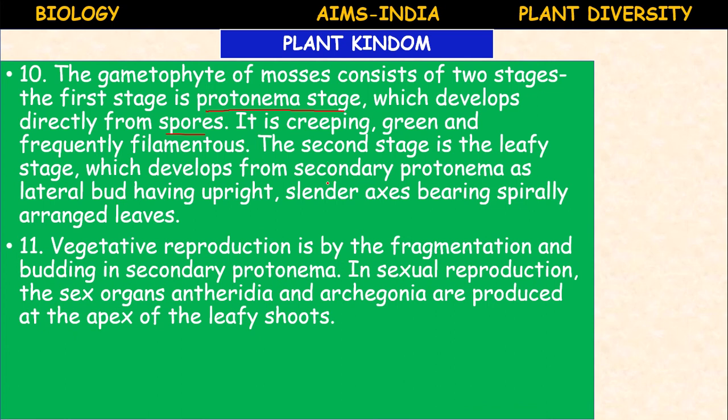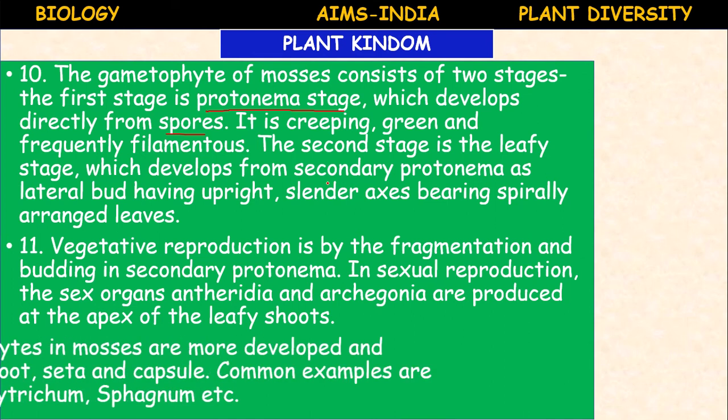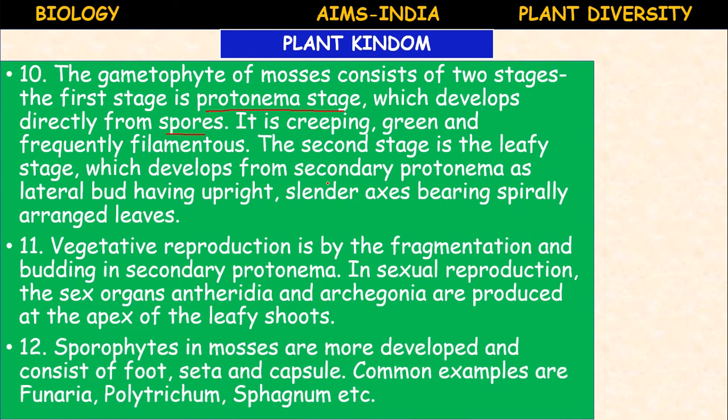Okay. Vegetative reproduction is by fragmentation and budding in secondary protonema. In sexual reproduction, the sex organs antheridia and archegonia are produced at the apex of the leafy shoots. Sporophytes in mosses are more developed and consist of foot, seta, and capsule. The common examples are Funaria, Polytrichum, Sphagnum.